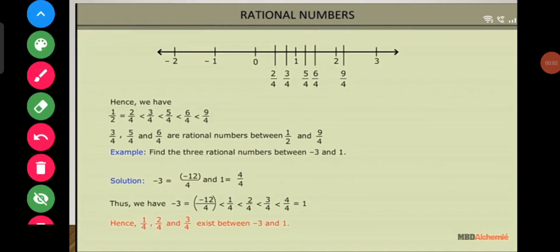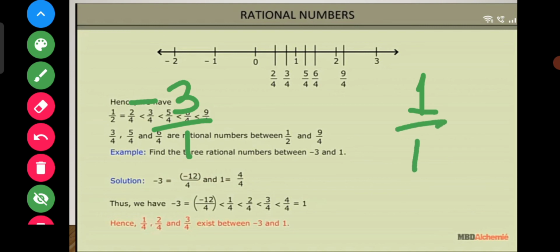So let's do one more question. Find three rational numbers between -3 and 1. So we have to find out three rational numbers between -3 and 1. Here is -3 and here is 1. First of all, provide them a denominator.